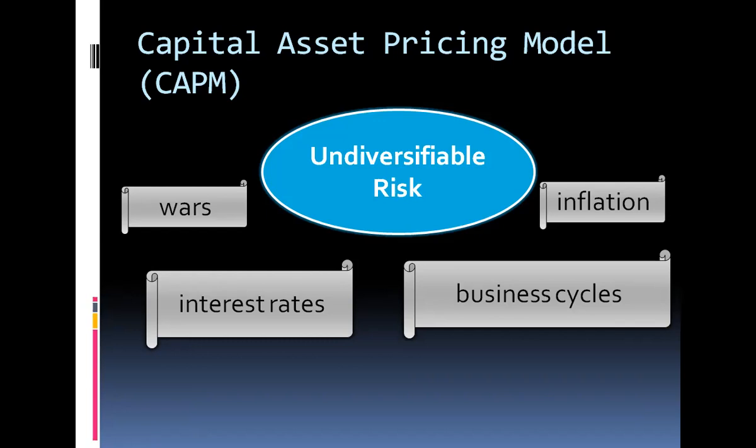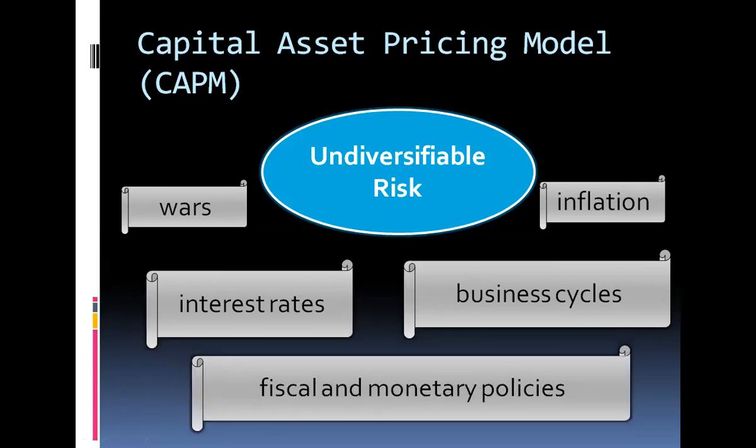Some companies are more sensitive than others to factors that affect systematic risk. Systematic risk is therefore the only relevant risk and is affected by factors such as wars, inflation, interest rates, business cycles, fiscal and monetary policies, and therefore cannot be eliminated by diversification.